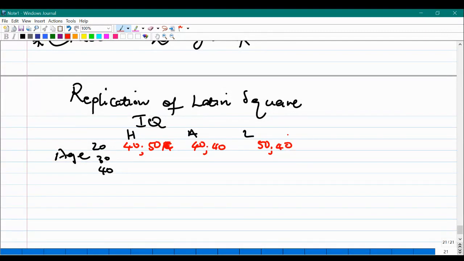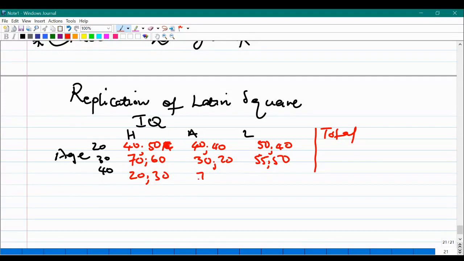In the meantime, can someone find the totals here? 1760. 30 and 20. 55 and 50. 20 and 30. 78. 25, 25.